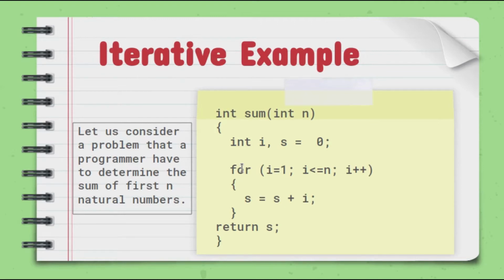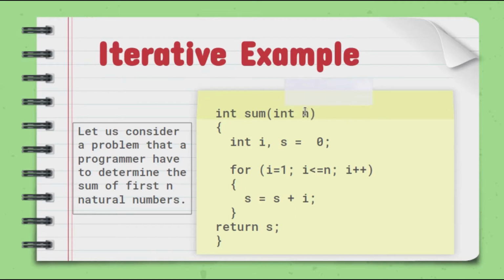That's the iterative concept: we use loops to perform a particular action or to write a specific algorithm. This is the C program to solve the sum of the first n natural numbers.